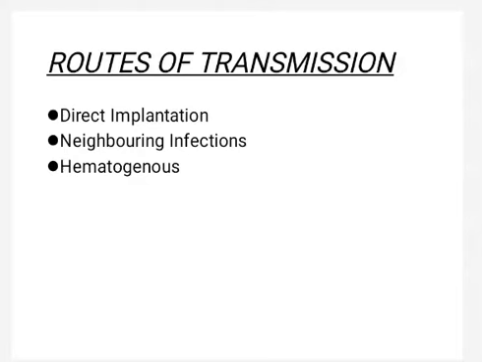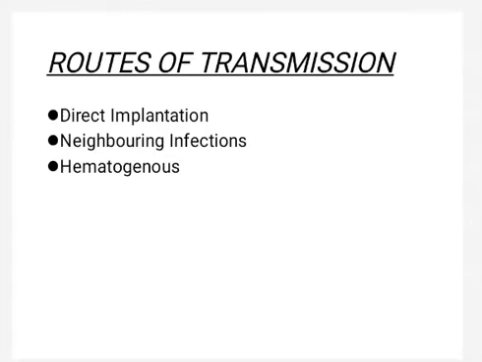In direct implantation, the microbes directly enter the brain. It can be through trauma, a hemorrhage, broken bones of the skull, basilar fracture, or congenital malformation. All these can lead to implantation of the microbes directly into the central nervous system.